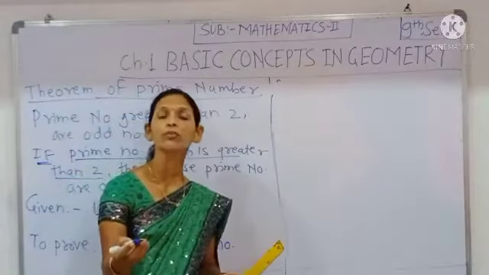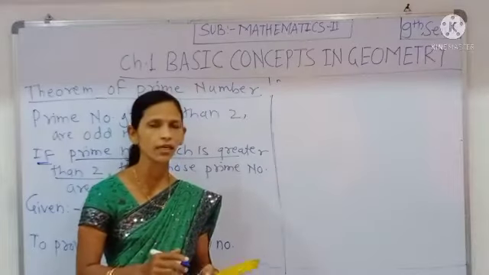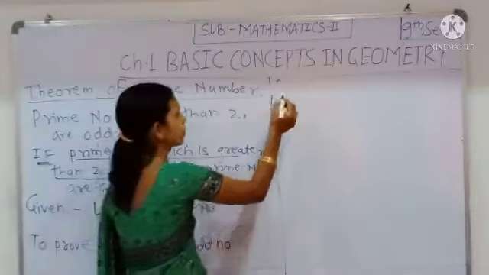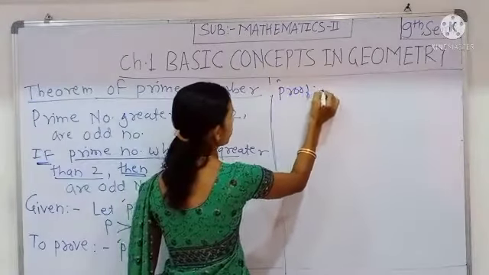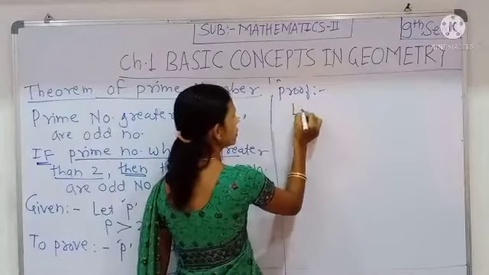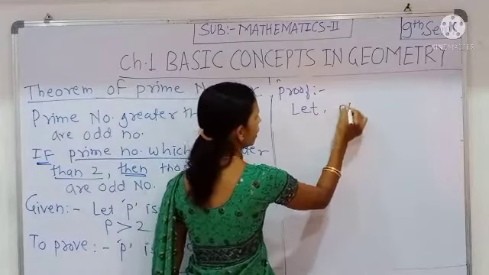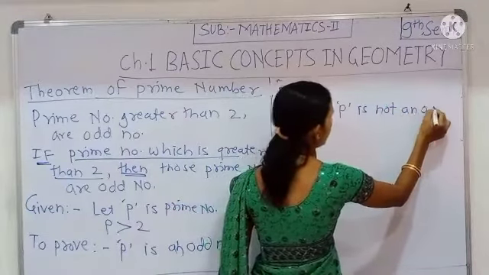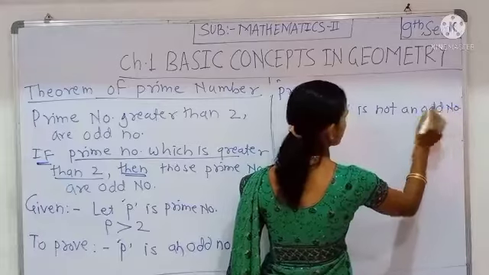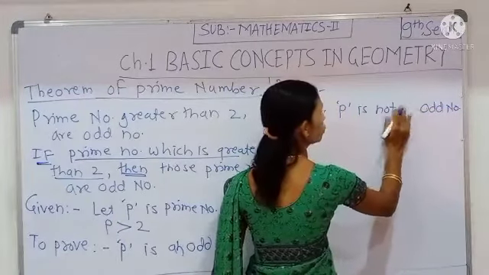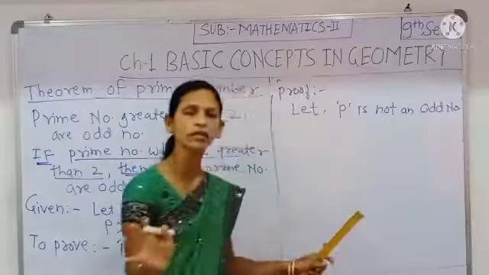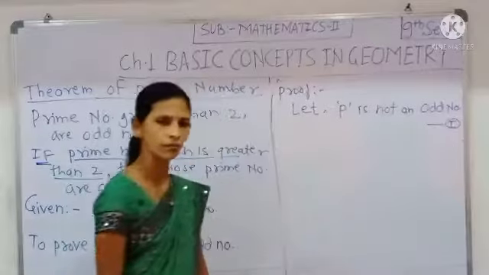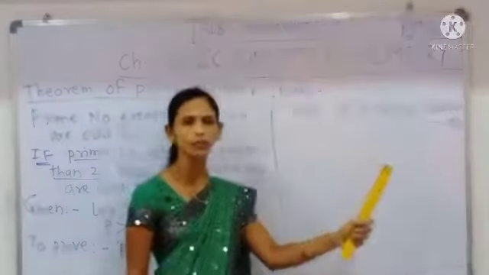Then we can give the proof by considering the opposite statement. Therefore, in the proof, first of all, let us consider P is not an odd number. Let this be equation number 1, because we have considered here P is not an odd number.